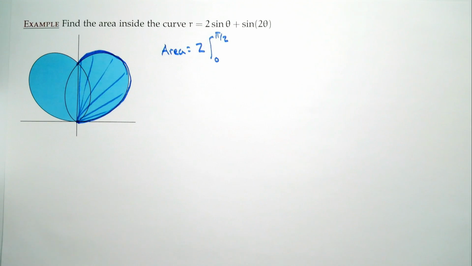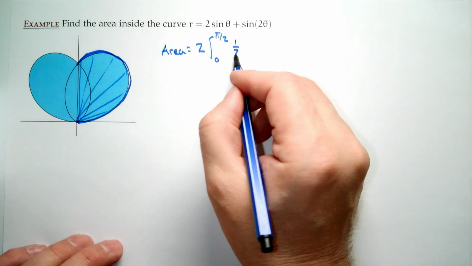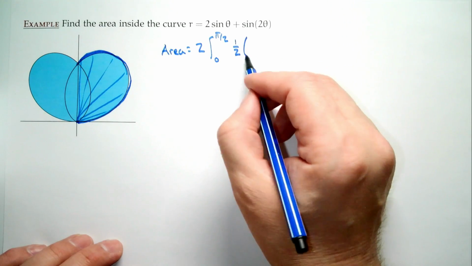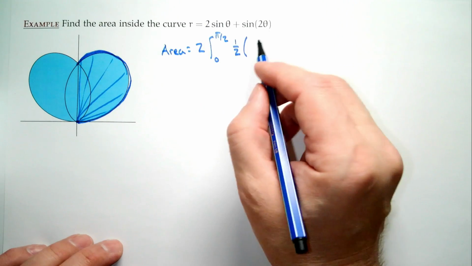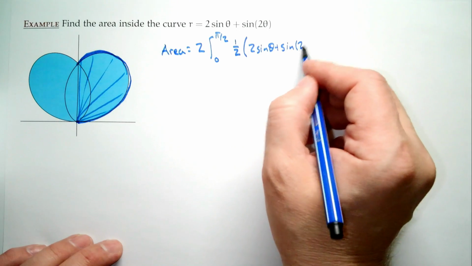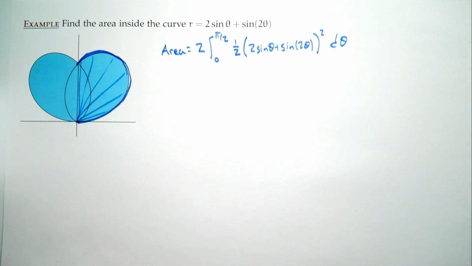So we just have to go out to the curve squared. This double is because of symmetry. Then the formula says that there's a half, and a lot of people forget that half, so we take off points. So don't forget that: 2 sine of theta plus sine of 2 theta squared d theta.